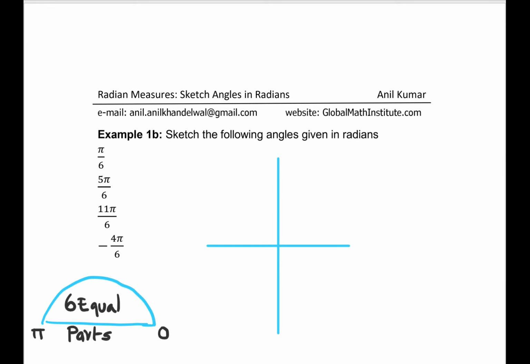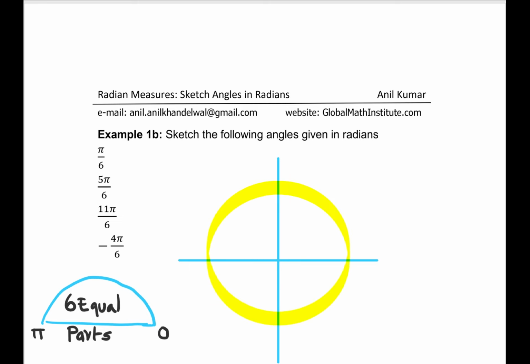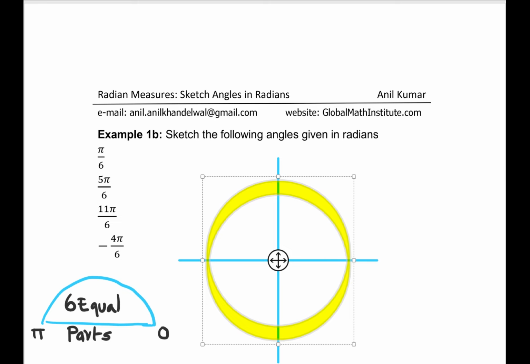So the coordinate plane is right there for you. In the coordinate plane, I will sketch a circle. Now, this circle, let's take a highlighter, a thicker one, and divide that circle into 6 parts on each side. So that's our circle. Now what we need to do is find what is 1/6 of each part. So this is your 0 to D, right?